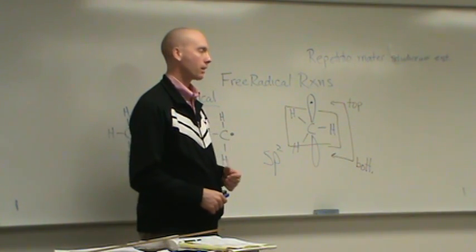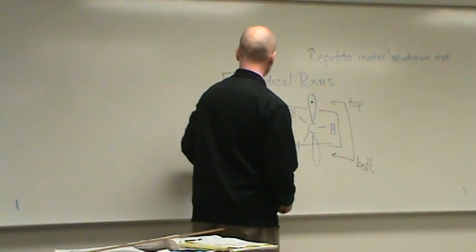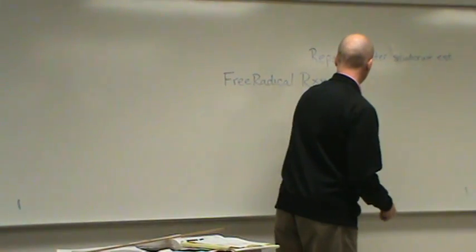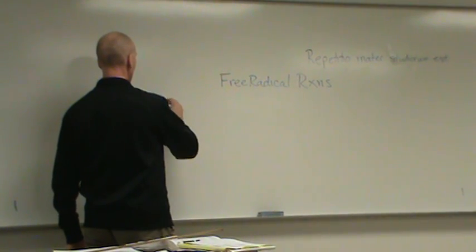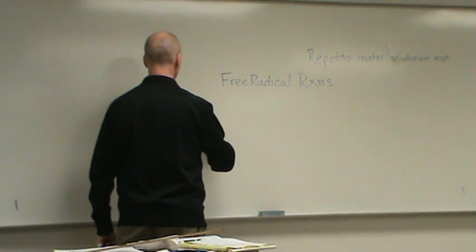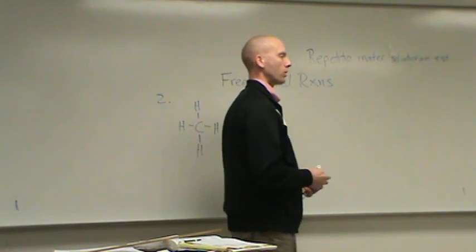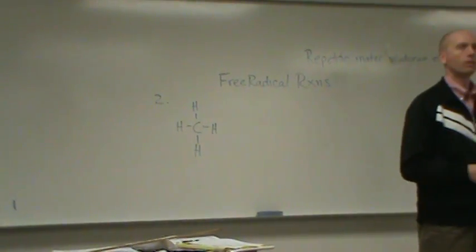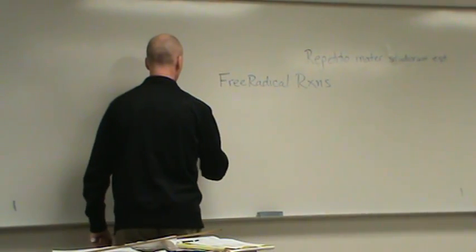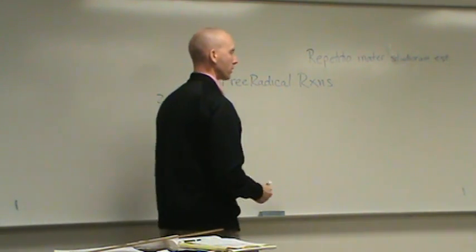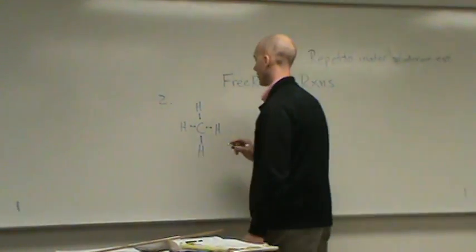Let's look at a second property of radicals. Again, let's draw methane. If I counted the total number of electrons around the carbon, we would have a total of what? 8, which matches the octet rule.